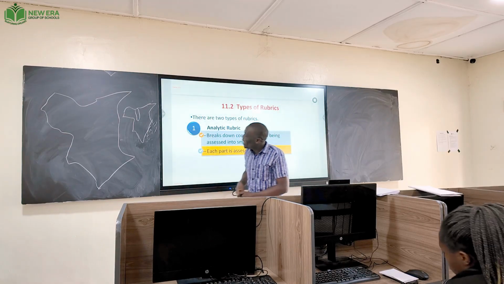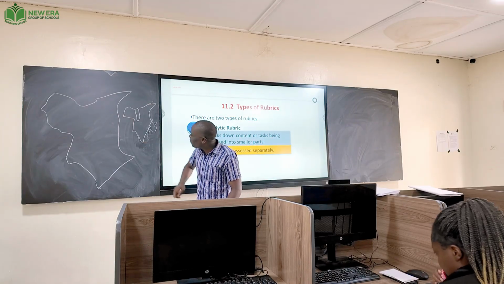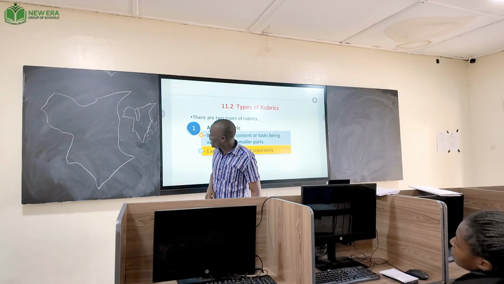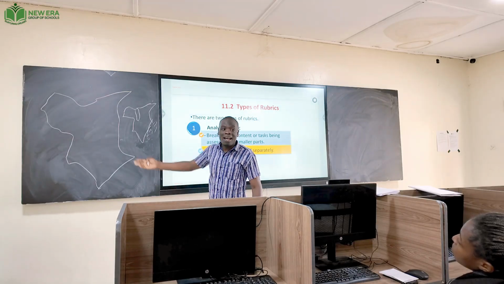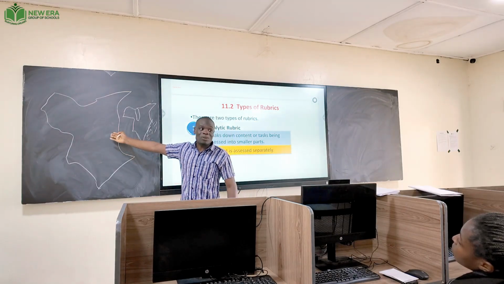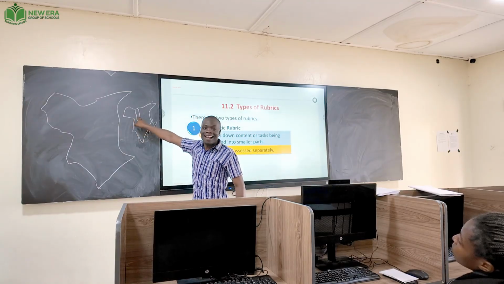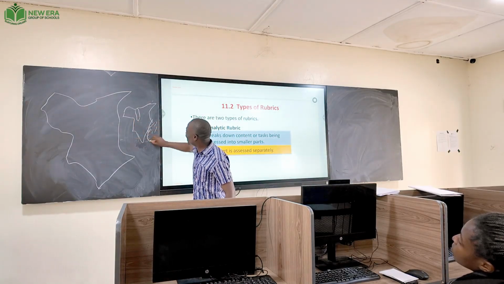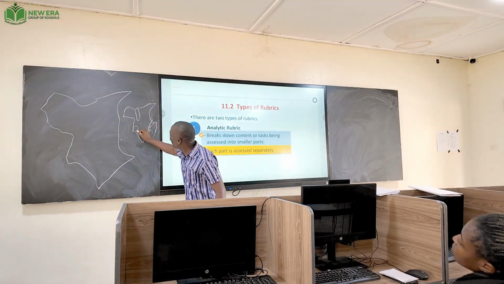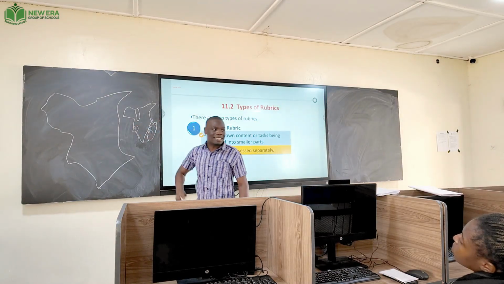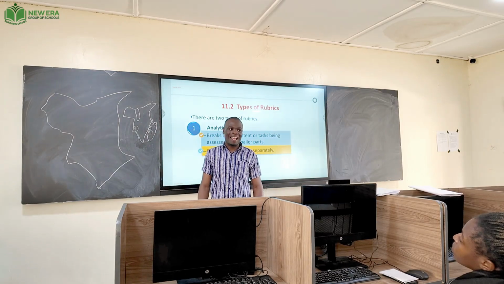So you can see that the student was able to draw very clearly. However, he has not what? The student has not inserted Lake Turkana, has not shown the Indian Ocean, has not shown maybe that this is Lake Victoria.